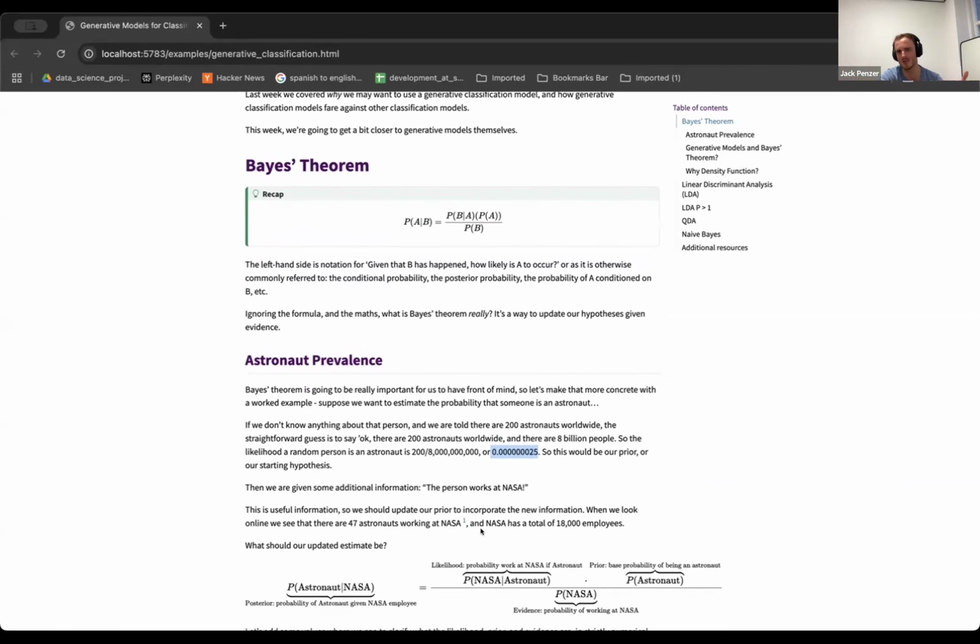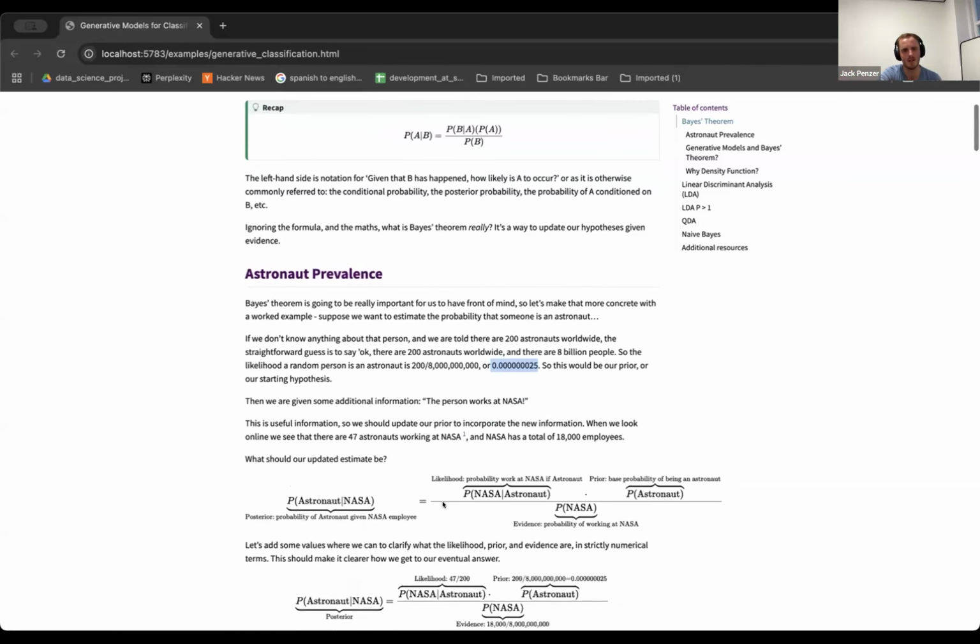That is very useful information. Probably about as useful information as you're going to get, right? Or they work at, I don't know, the Chinese Space Agency or whatever. Someone comes along and tells you that, and that should make you really update your probability estimate. But how much should it do that? Well, that's what we want Bayes' theorem for.